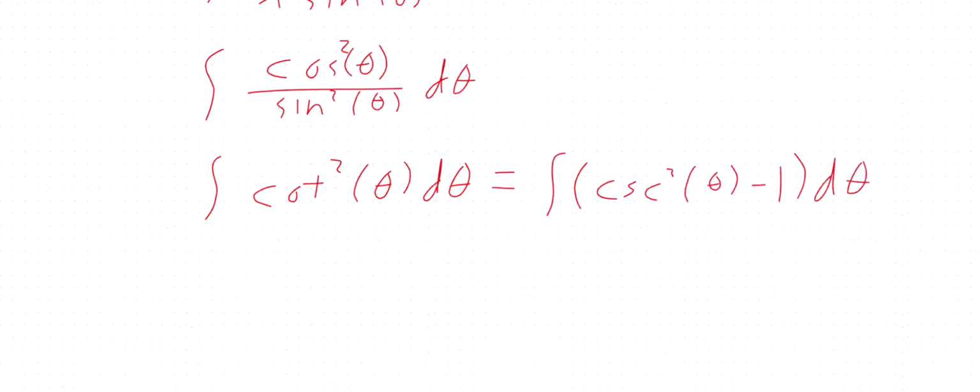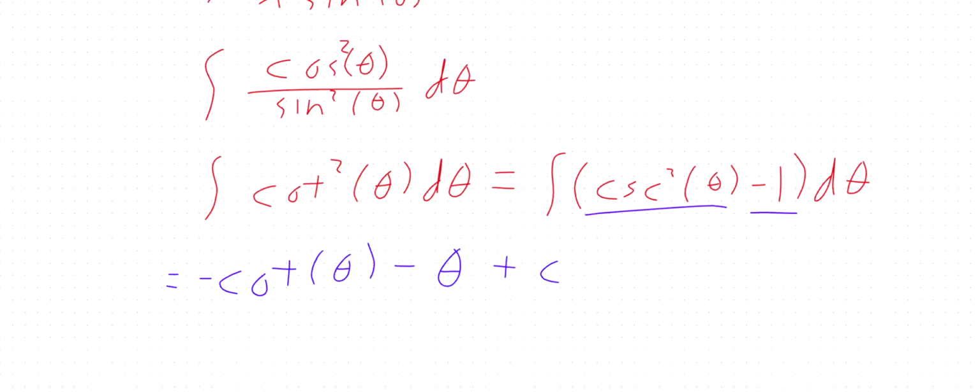And now this is the integral of cosecant squared minus 1, and that's an easy integral to do. So we have, excuse me, not cotangent. This will be a negative cotangent minus theta plus C.